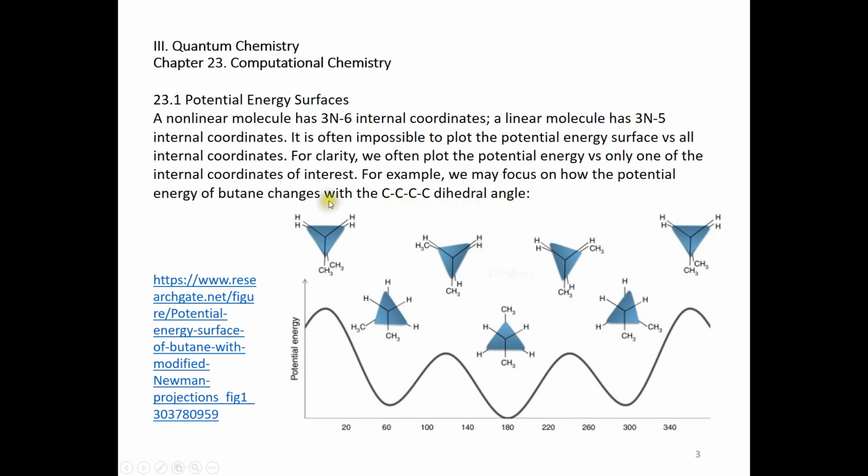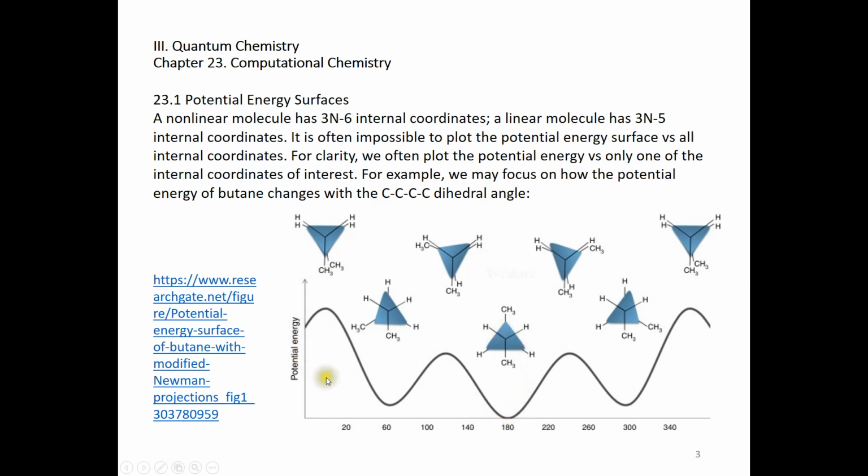So again, if you have a butane molecule, we have 4 carbon atoms. Carbons 1, 2, 3 can define a plane. Carbons 2, 3, 4 can define another plane. The angle between the two planes is the CCCC dihedral angle. So now let's look at this potential energy.